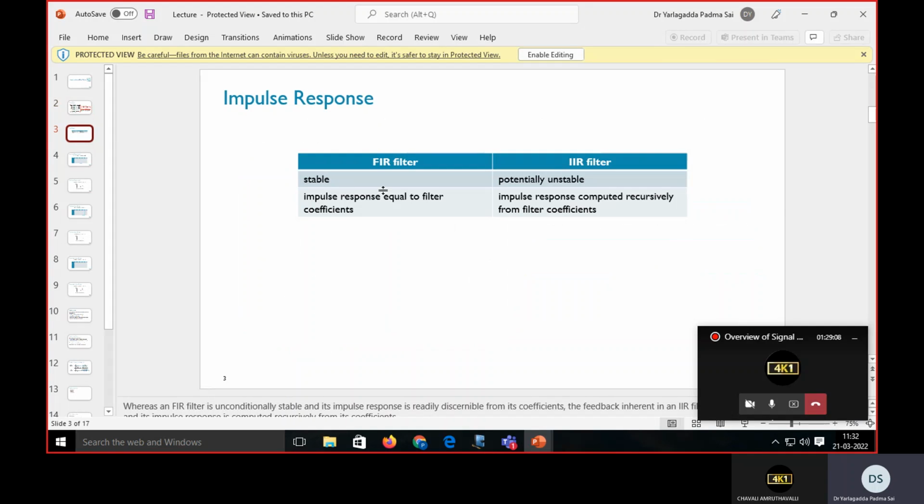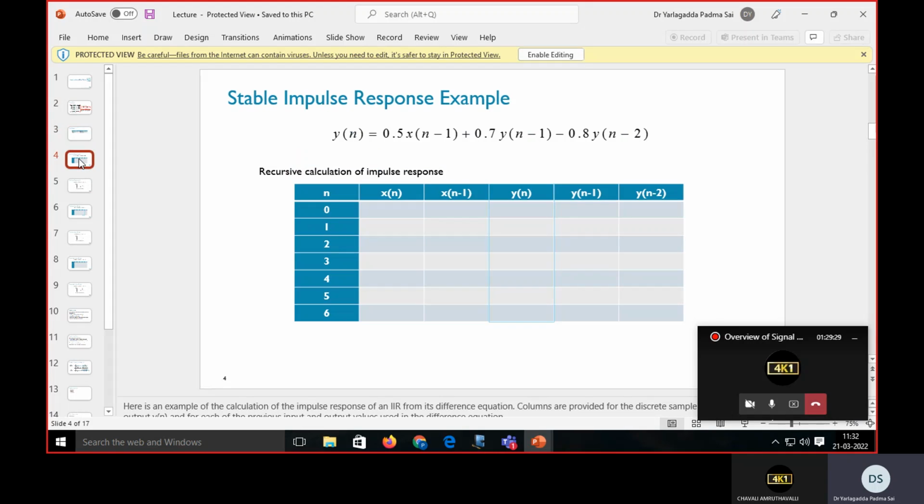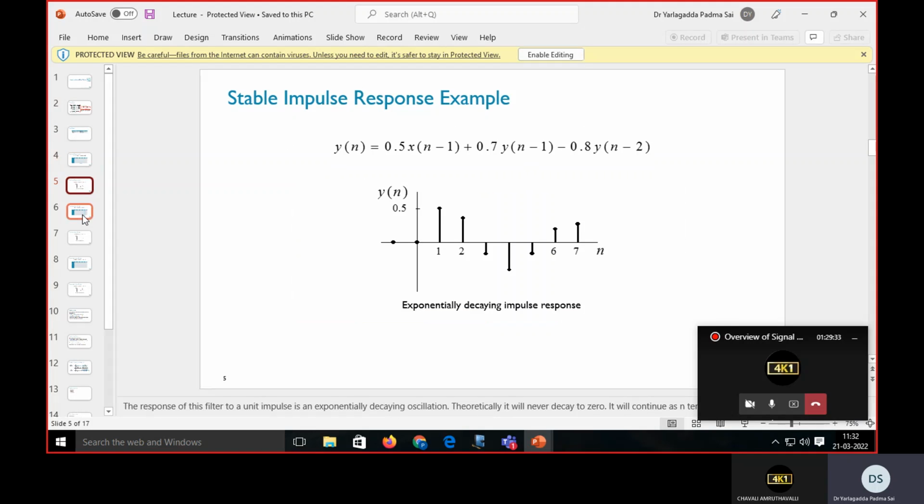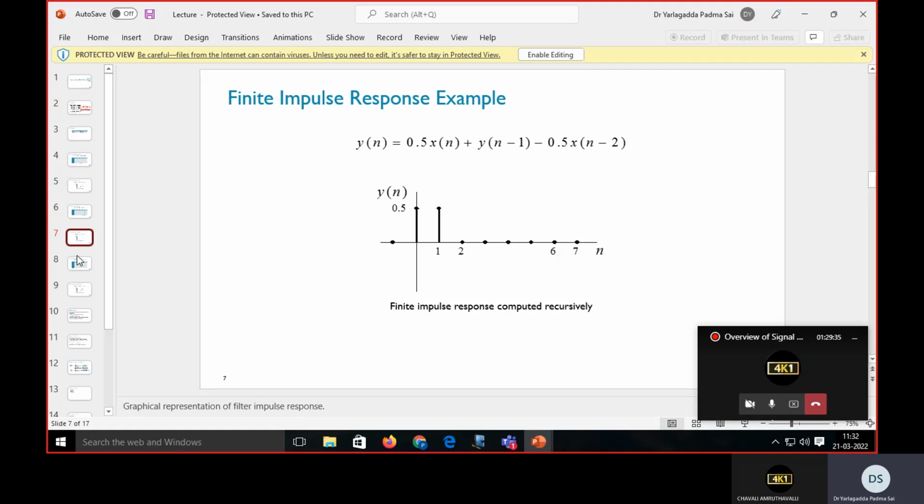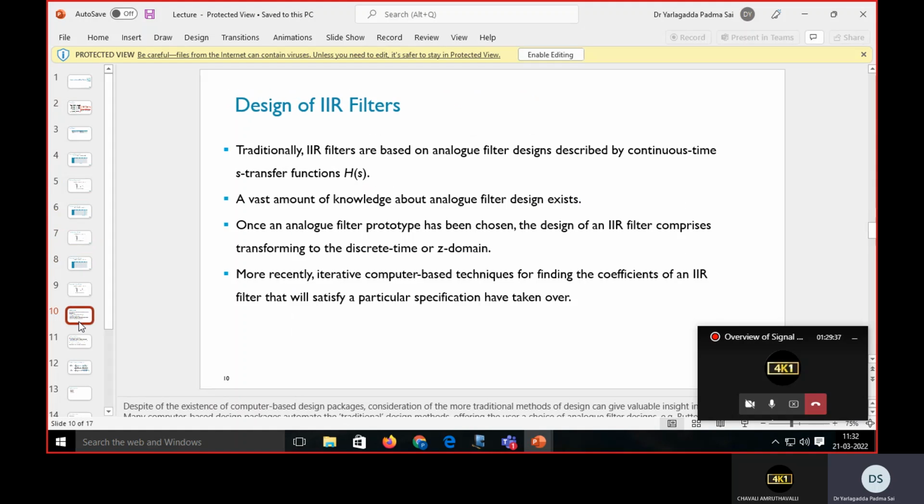I already mentioned some important points: always stable, potentially unstable, filter impulse response equal to filter coefficients. It is a recursive system. Here he explains how to calculate all those values recursively, but we are not calculating them now.